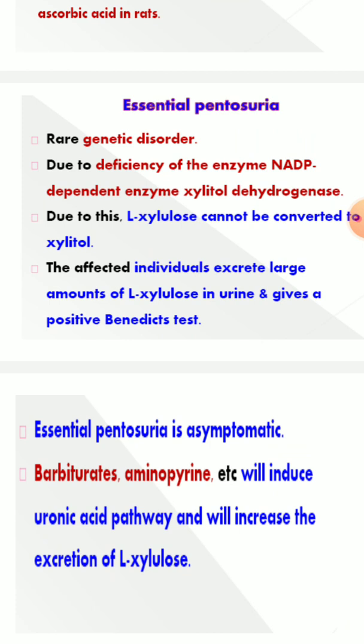So in a patient with pentosuria, you can give barbiturates and aminopyrine, which act as inducers of this pathway, thereby increasing the excretion of more L-xylulose in the urine in a patient with deficient xylitol dehydrogenase activity.